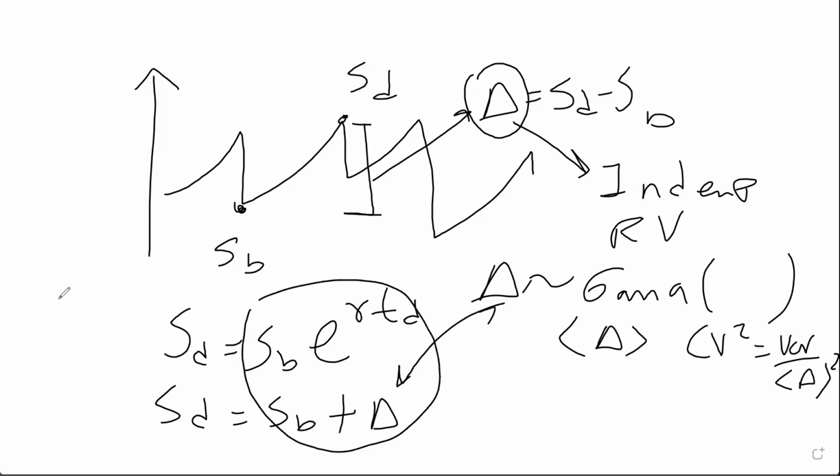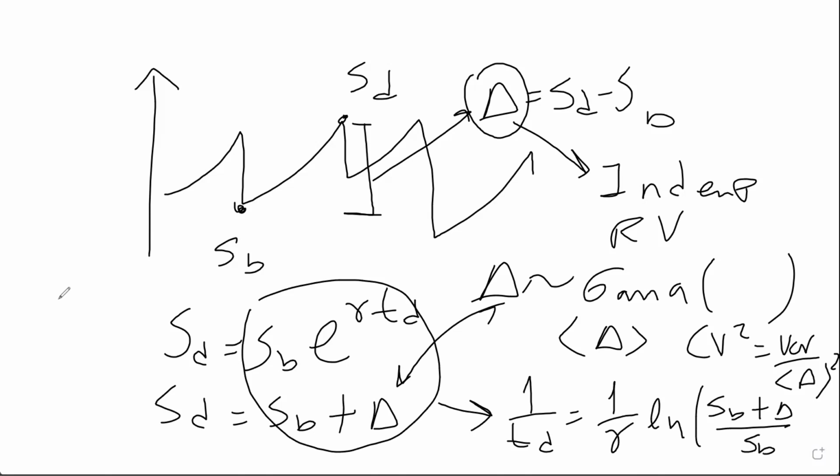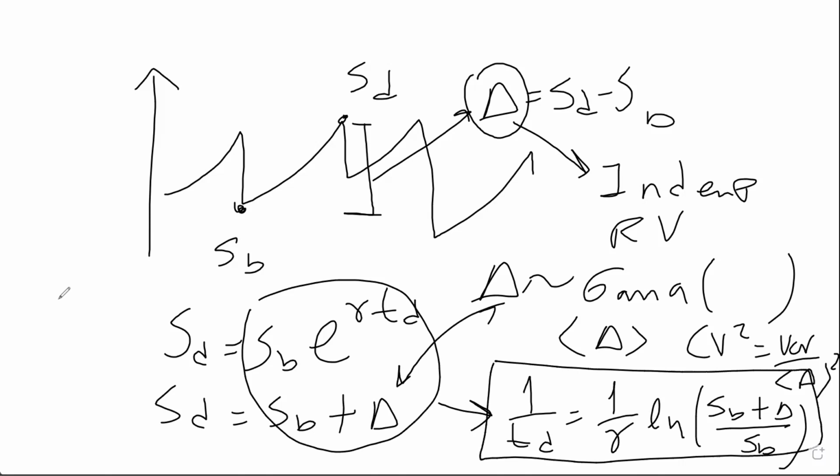So I can use these two and equate them, and I'm going to obtain that the time to division is going to be 1 over gamma times the logarithm of size at birth plus delta over size at birth. And I can use this formula to obtain any division time.